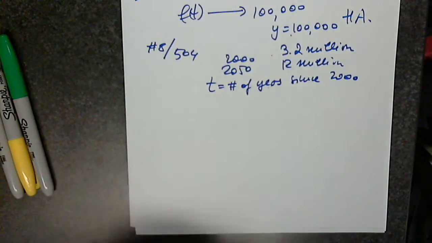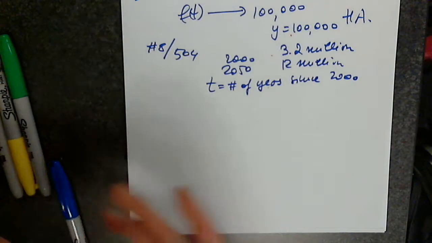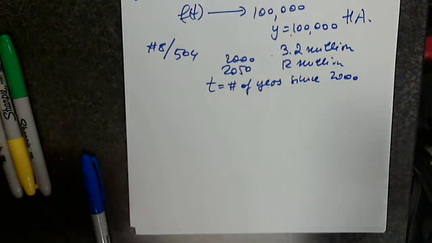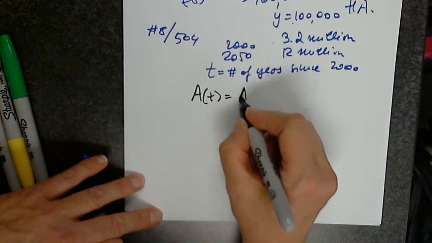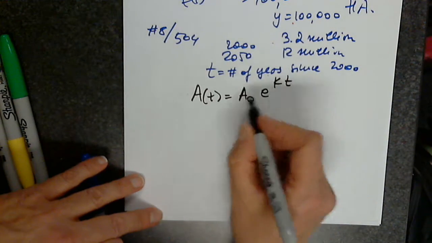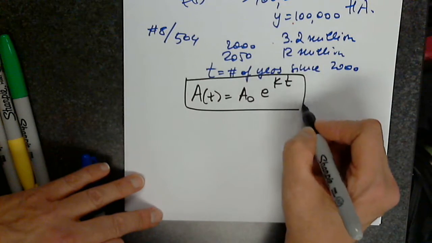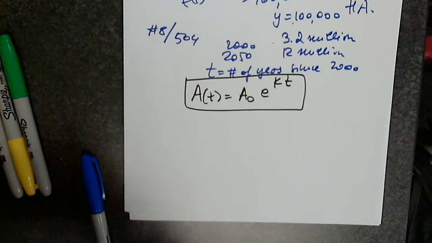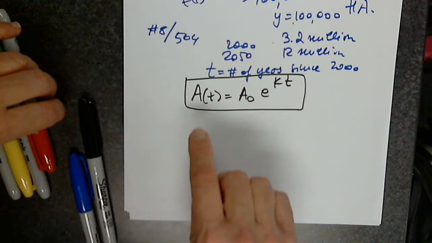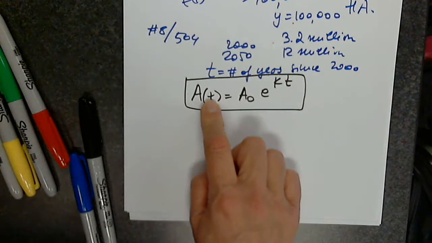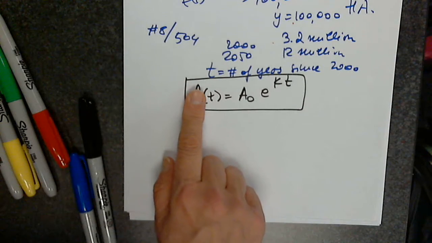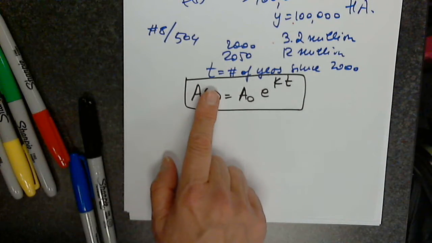When I'm given something like this, and I know it's exponential growth, I will immediately write my model: A of t equals A0 e to the kt. This is the model. t is the x, the variable in the problem. A is the function, f of t, or A of t.